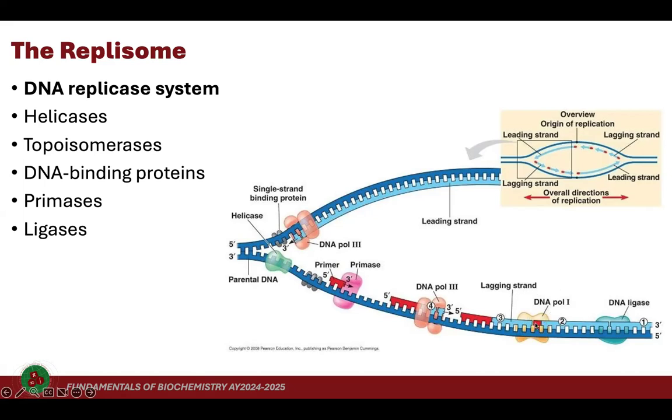Okay? Now, the thing is, your polymerases cannot catalyze the attachment of a 3' OH of one strand to the 5' phosphate of another strand, if you know what I mean.